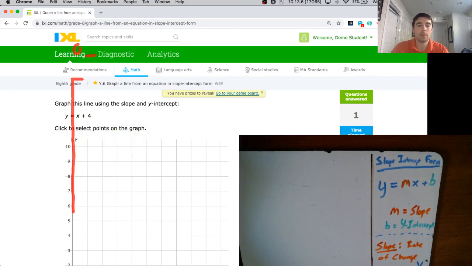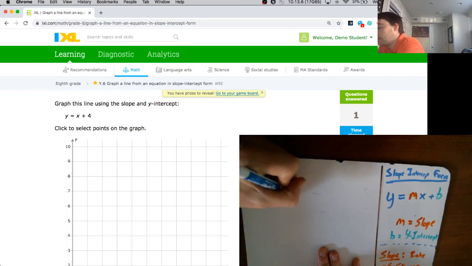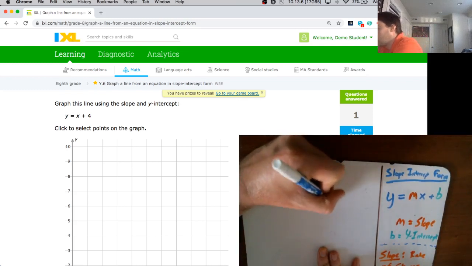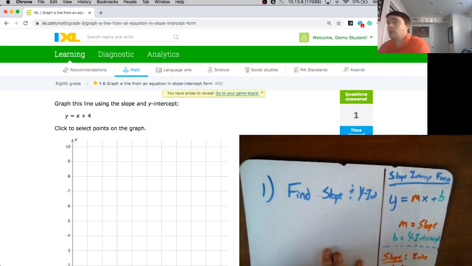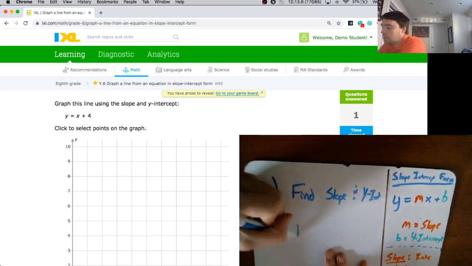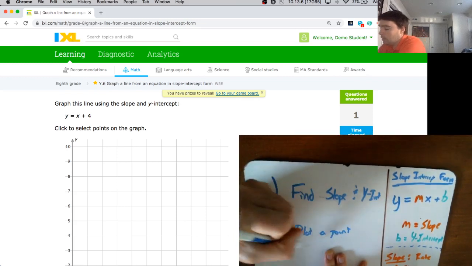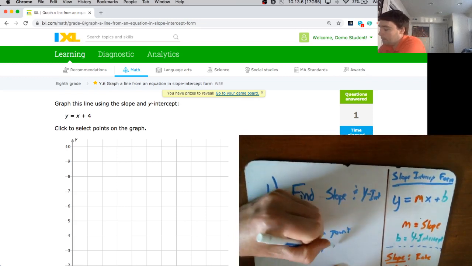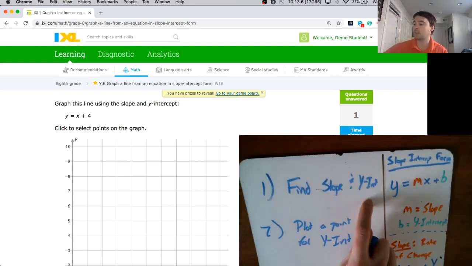So to recap, and we're going to look at this on the whiteboard very quickly, if I want to build a graph, it's a 3-step process. 1, find slope and y-intercept. 2, the second thing we're always going to do is plot a point for the y-intercept. So as you saw there, I identified the slope and y-intercept.